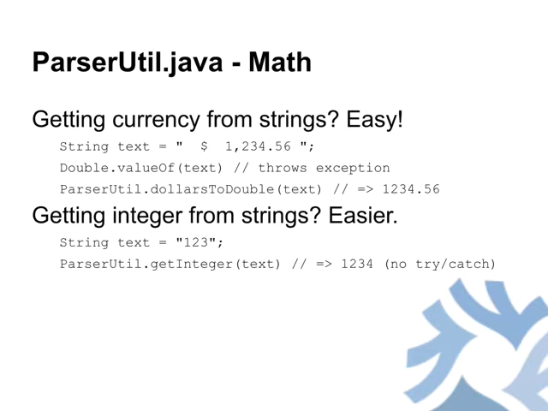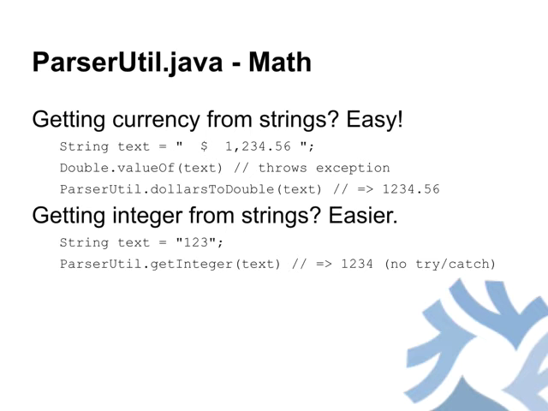Getting integers from string is slightly easier than using integer.valueOf, but still expects a cleaned string. So here I have the string as the raw integer values, but if I had included a decimal or a space character, this wouldn't work.